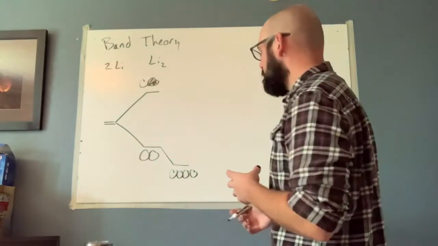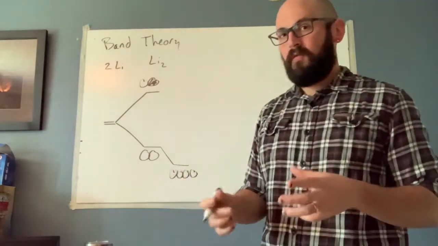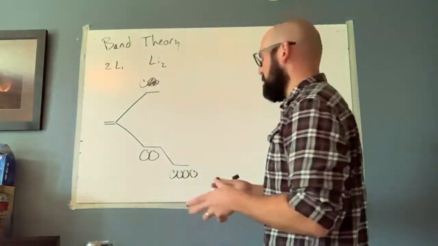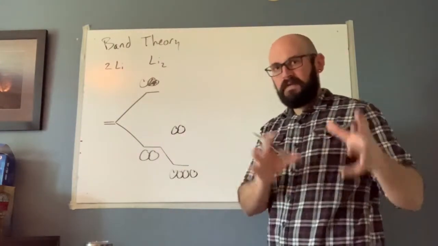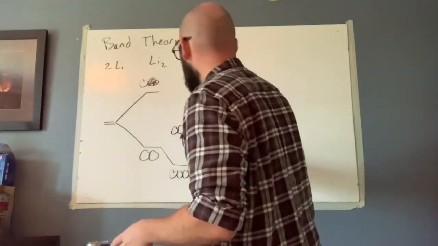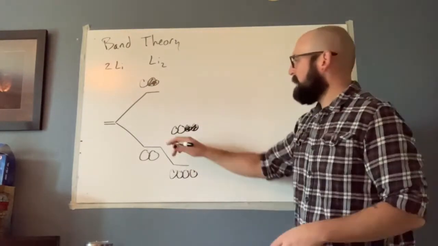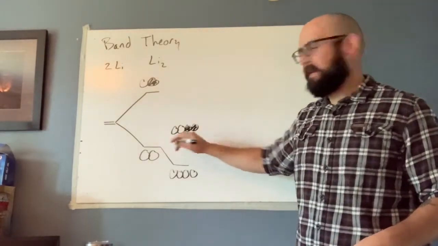And this would produce two bonding interactions and one anti-bonding interaction. To be clear, what I mean by that is our first Li2 is in phase, and our second Li2 is out of phase with the initial one. So we have two bonding interactions and one anti-bonding interaction.